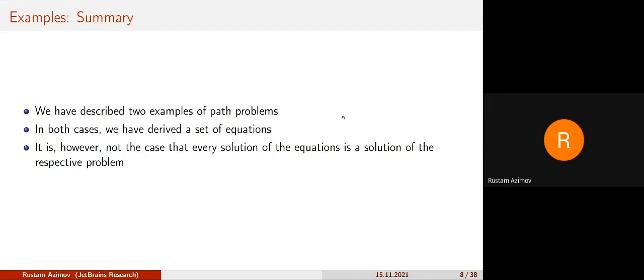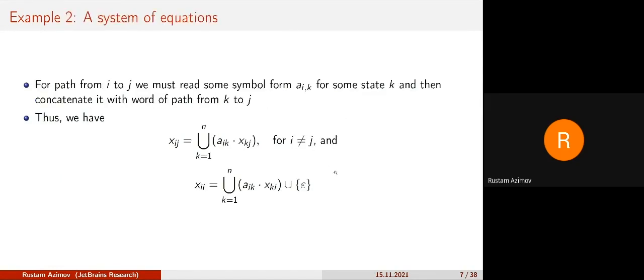For example, on the previous slide, we can see that the set of all words, sigma star, is always a solution of the equations.